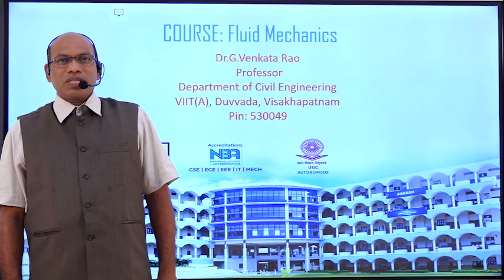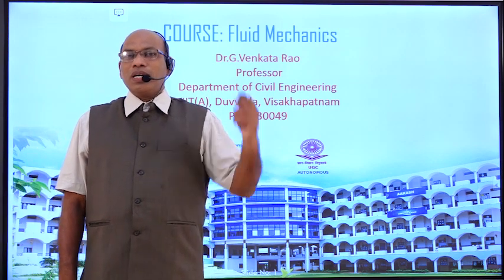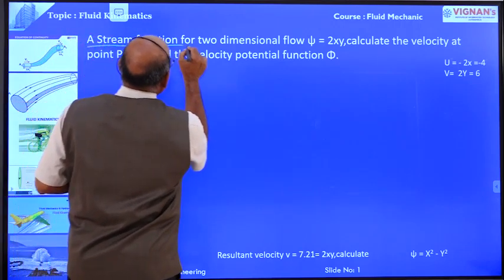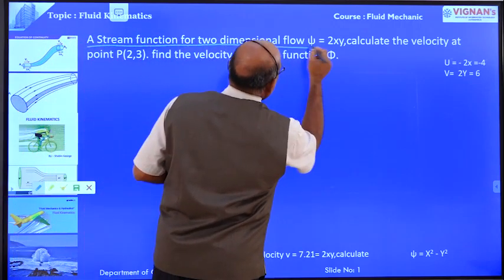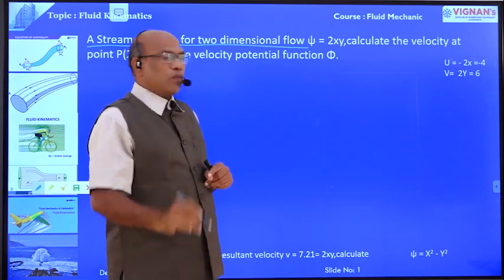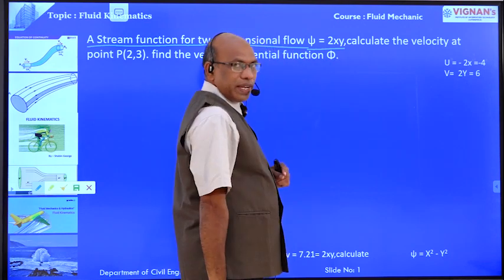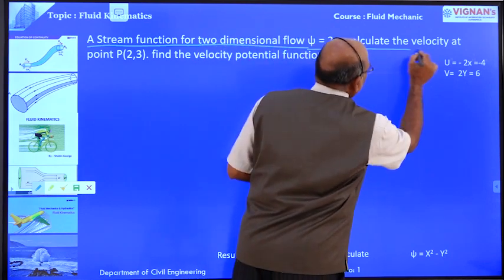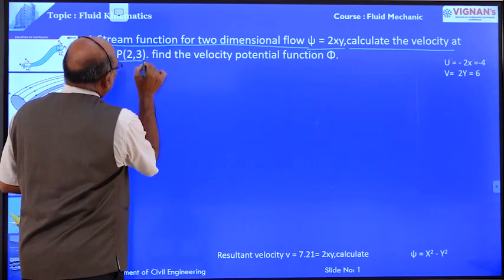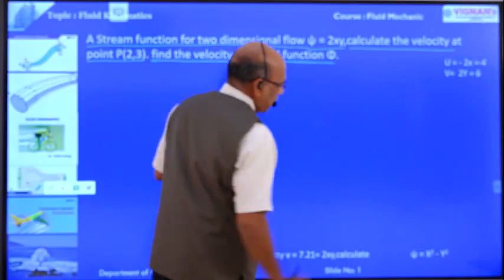Now we are going to discuss some more problems related to the stream function. A stream function for two-dimensional flow ψ equal to 2xy. Calculate the velocity at point P (2, 3). Find the velocity potential function φ.